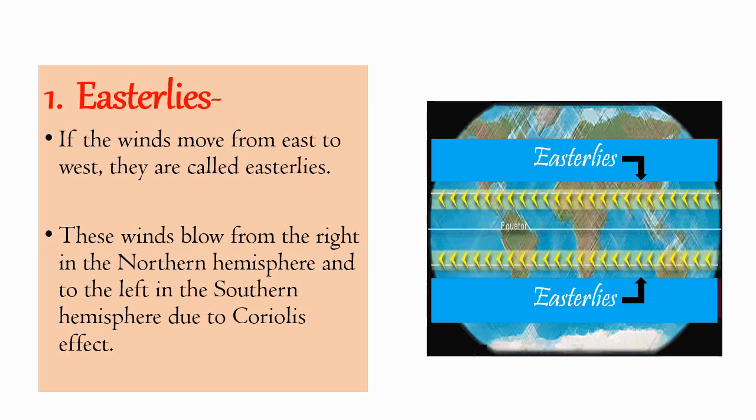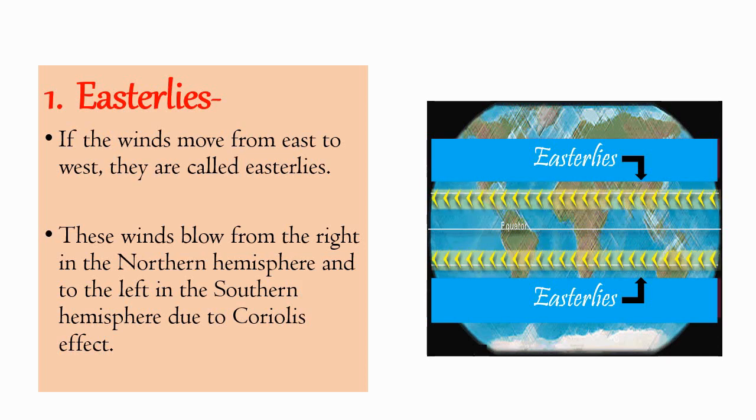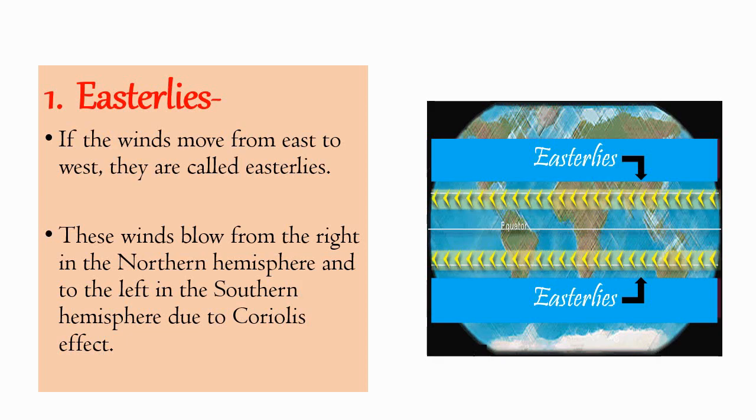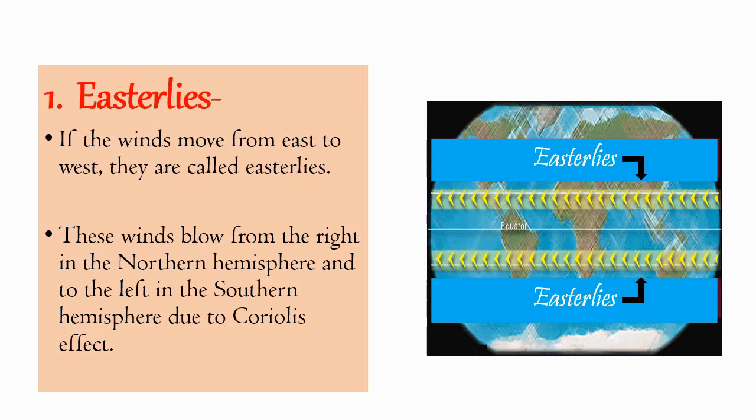Due to the rotation of the earth, their original direction changes. In the northern hemisphere, they blow from the northeast to the southwest, whereas in the southern hemisphere, they blow from the southeast to the northwest. These winds, coming from both the sides, converge near the equatorial calm belt. These winds are known as the easterlies or trade winds.